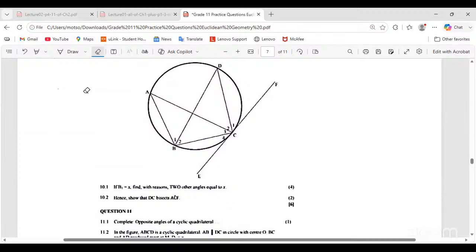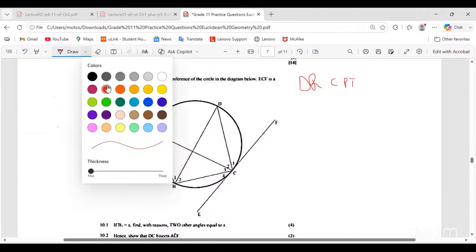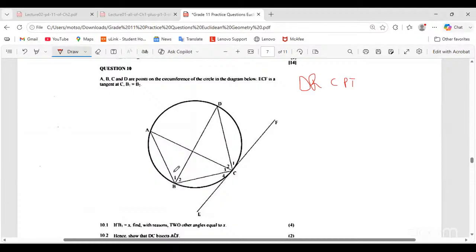Now, 10.1 says to us, if angle B1 is equal to X, find with reasons two other angles that are equal to X. We'll go to B1 there and label it as X, because we were given that B1 is equal to B2. Now, we will write X here. That is given in the statement.